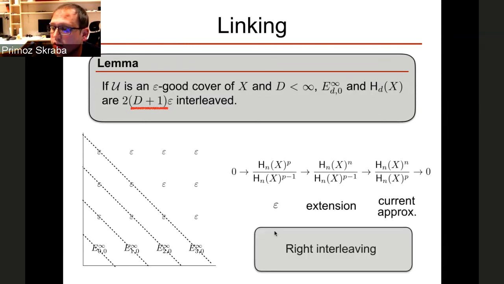So this is exactly an epsilon right interleaving between the extension and the current approximation, right? It doesn't necessarily mean it needs to be this bad, but it certainly bounds how bad it can be. And the benefit of this approach is that we don't really need to know any of the details of the maps. We just know that it's an epsilon right interleaving by definition.